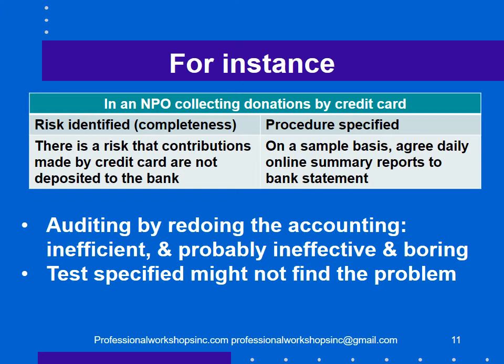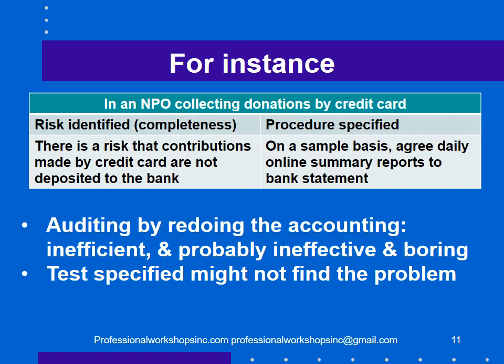I need a lot more description on exactly what's going on in the control system here to understand how those reports couldn't agree. I can imagine how a donation made to the bank didn't get on the online summary report, and of course then never made it to the bank statement. But that test wouldn't find the problem. So I need more description. The other thing I don't like about this is auditing by redoing the accounting.